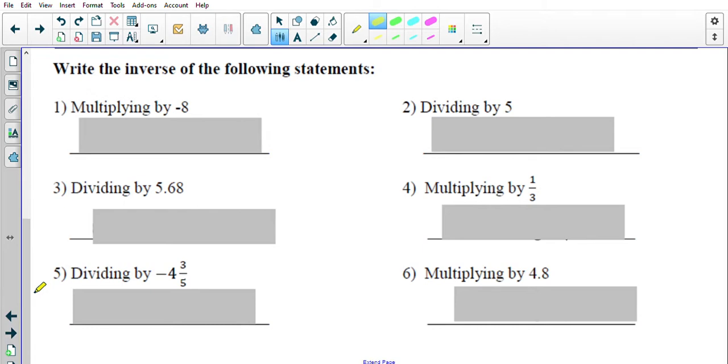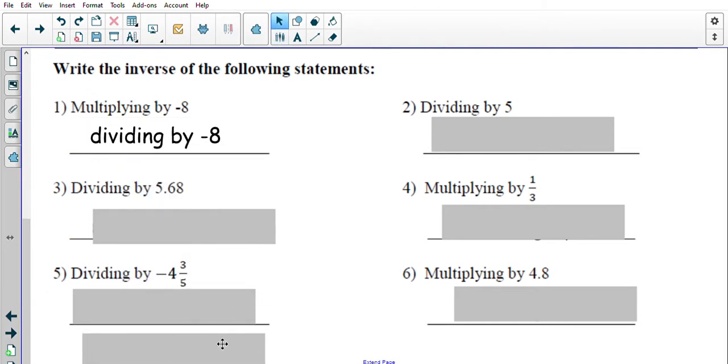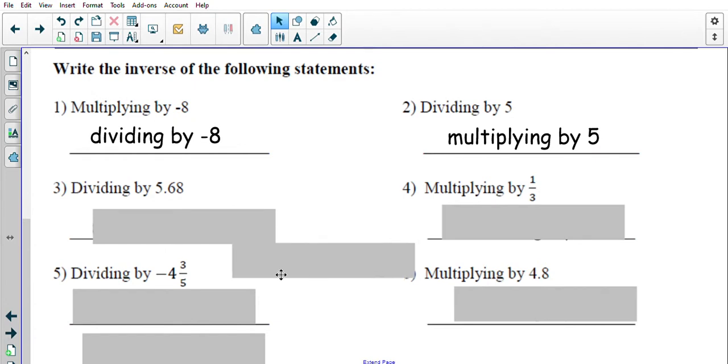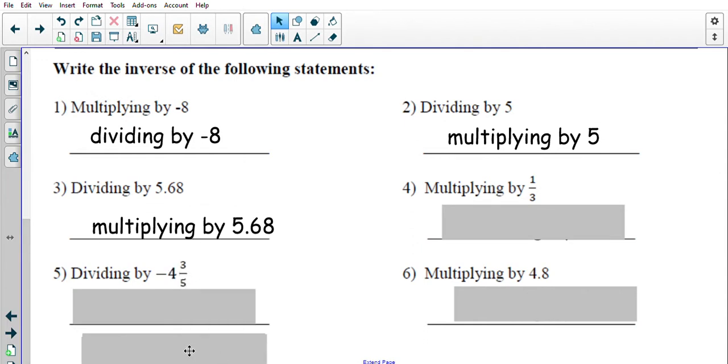So let's look at some identifying the inverse problems. Number 1, multiplying by -8. The inverse of multiplying by -8 is to divide by -8. We only have the option of changing the operation. The inverse of dividing by 5 is multiplying by 5. That is our only option. Again, we only have the choice of changing the operation. Number 3, the inverse of dividing by 5.68 is multiplying by 5.68.